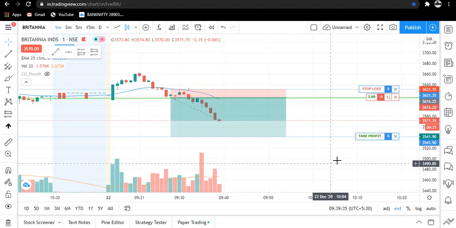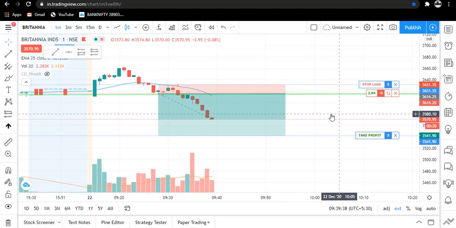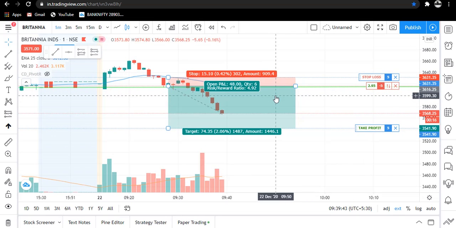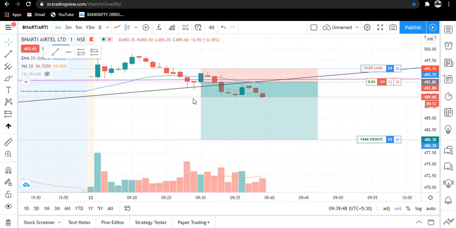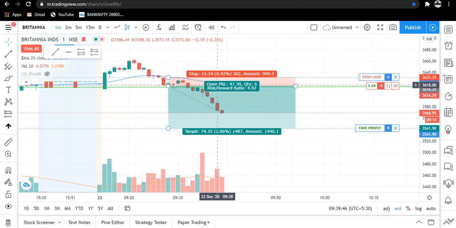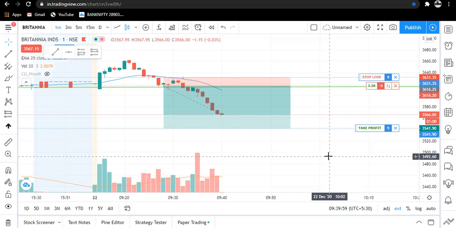Okay traders, here you can see in Britannia we are very near to our target and it is showing very good momentum, and here our risk reward ratio was 4.92 and in Bharti Airtel it's 4.33. So traders, I have taken two entries because today there was more bearish sign and it seemed like today will be a trending market also.